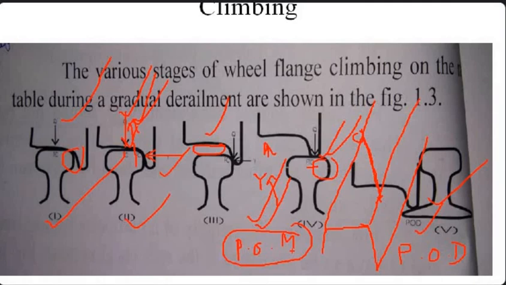Similarly here also, whenever there is a derailment, you have to look at the track irregularities at the point of mount or point of drop. Any one is taken as reference. Normally point of mount is very, very important. Only if this is not there, then we have to rely on point of drop.